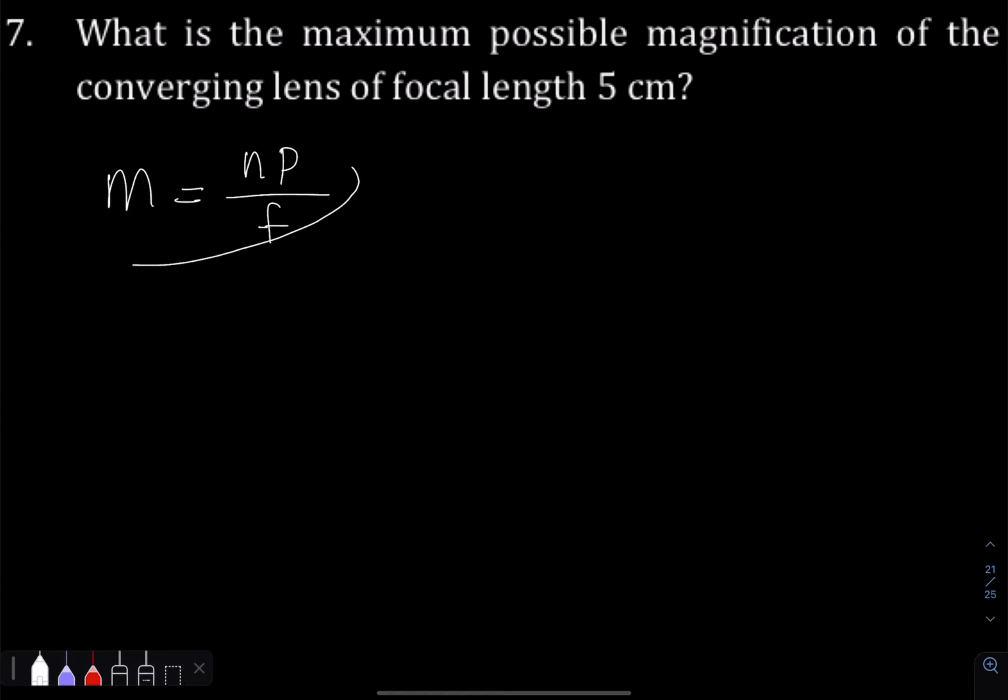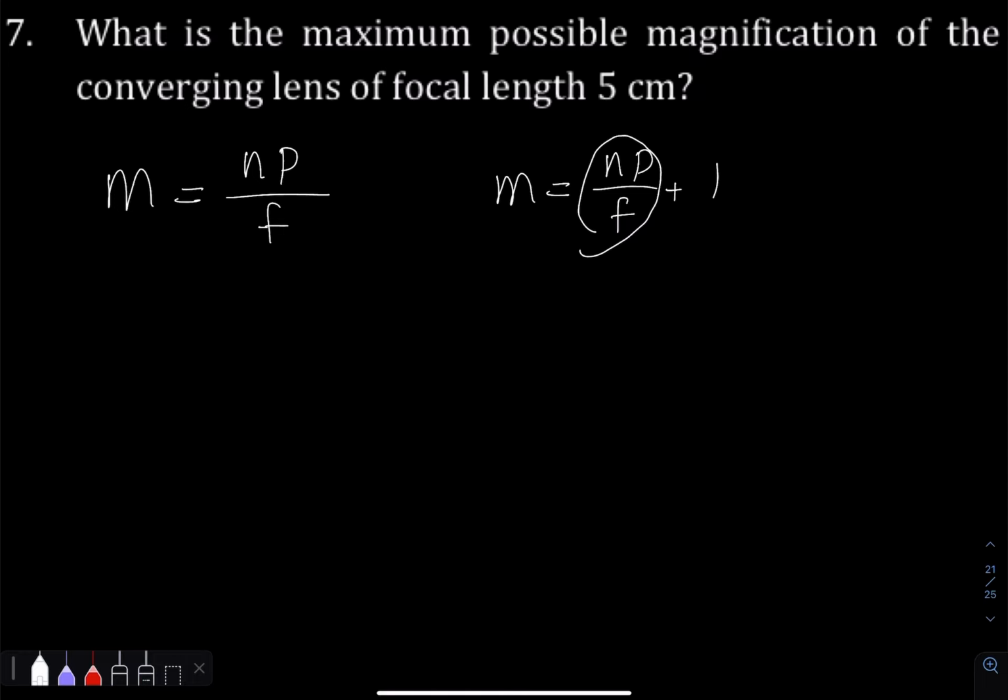We know that we can use this equation for relaxed vision and get a certain magnification. But we also know that we can use strained vision and actually get a higher magnification. And since we're looking for the maximum possible magnification, we want to use this equation because it will give us a higher magnification given the same near point, same individual, same lens. So we want to use this one.